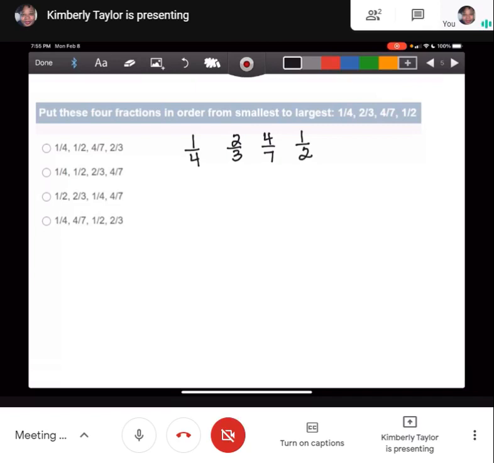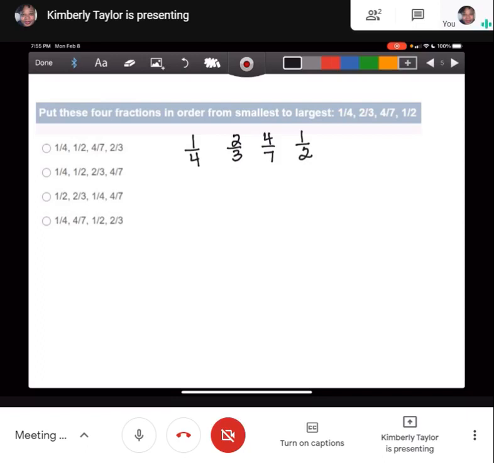Now, a couple of ways you can do this problem. You can change them all to decimals, put them in order, and then switch them back to fractions. Or you can find a common denominator for all 4 of them, so you have to change the numerator and the denominator.